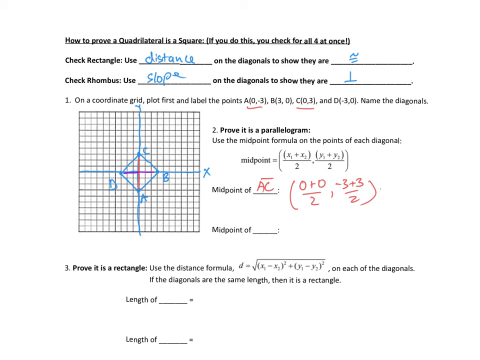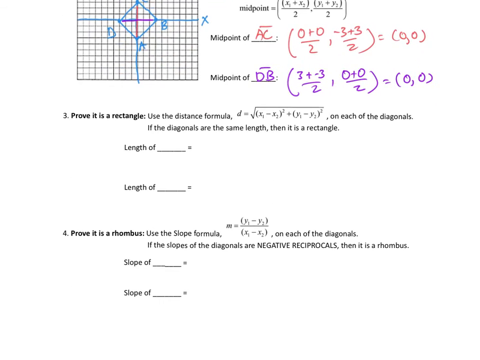All of that is 0, 0. Our midpoint of DB is 3 and negative 3, so we have 3 plus negative 3 divided by 2, and 0 plus 0 divided by 2. That gives me the same 0, 0. Now prove that it is a rectangle.